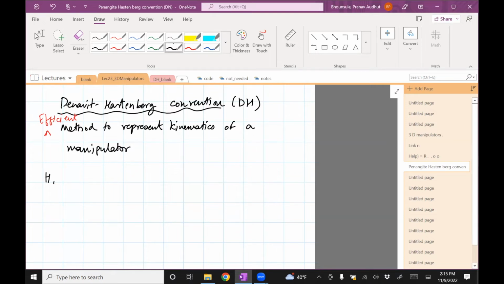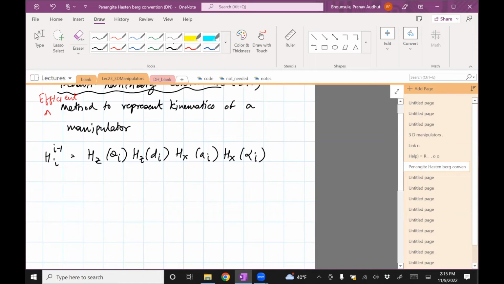Let me just write the homogeneous matrix associated with the Denavit-Hartenberg convention. It is composed of 4 homogeneous matrices: Hz theta i, Hz di, Hx ai, and Hx alpha i. So what would Hz theta i be?